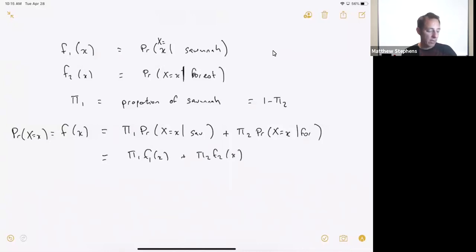We refer to this kind of model, where we're taking a linear combination of other models, or actually a convex combination because pi1 plus pi2 is 1, as a mixture model. These are called the mixture components, or the mixture component distributions, or if they're densities, since I'm thinking of x as discrete here but they can also be continuous.